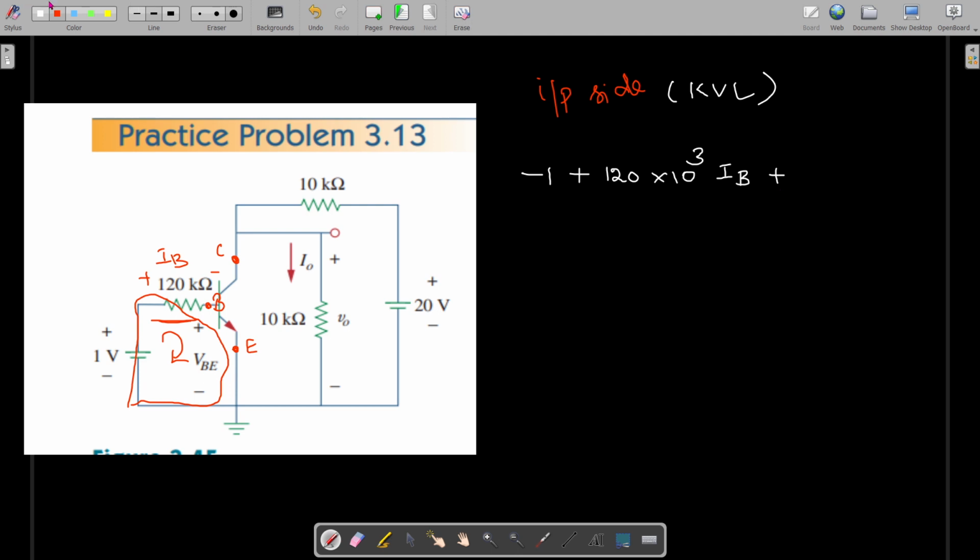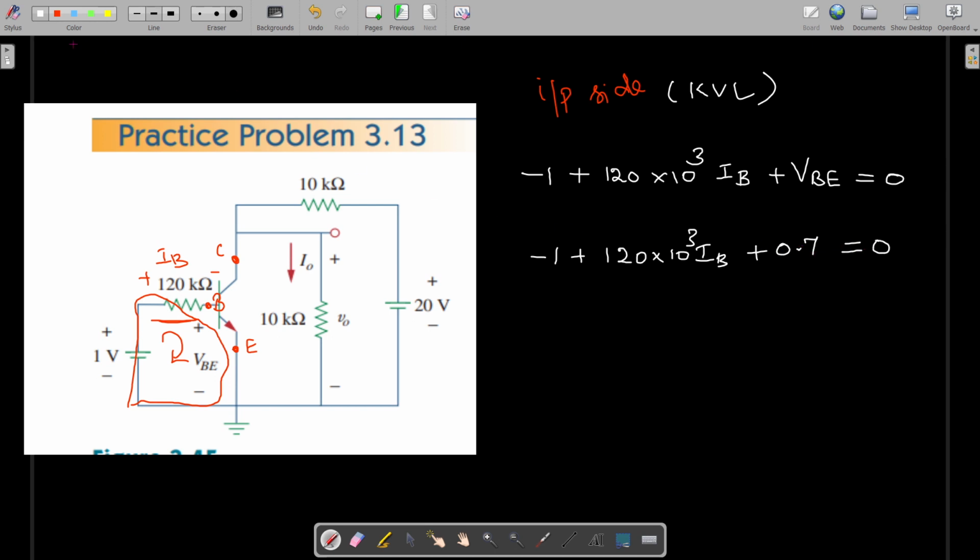So the base to emitter voltage is VBE. So it is -1 plus 120 into 10 power 3 IB plus VBE, which is 0.7 volts, equal to 0.